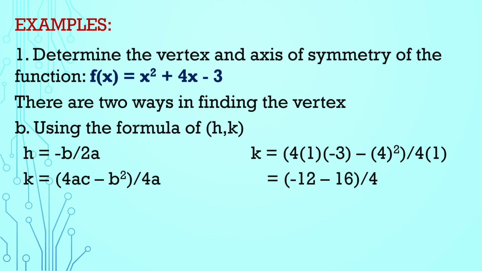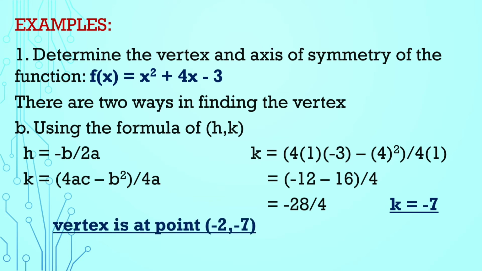Then, 4 times 1 is equals to 4. So, negative 12 minus 16 is negative 28 over 4. So, negative 28 over 4 is equals to negative 7. So, k is equals to negative 7. So, ang ating vertex is at point negative 2, negative 7. At ang ating axis of symmetry is negative 2.